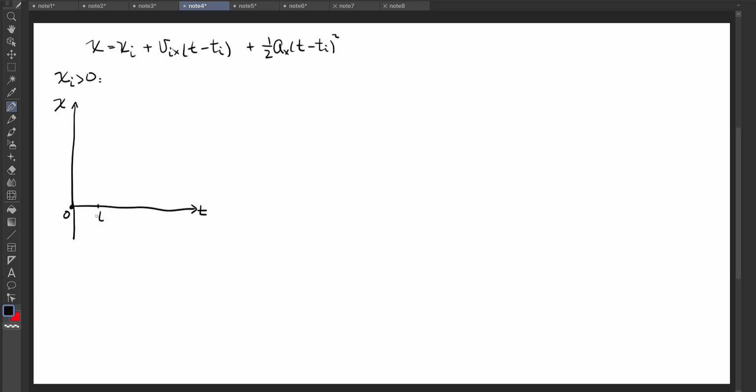And here is the initial time, ti. Okay, so first when I plug in t equals ti, then the second term and third term both disappear, and we only have x equals xi, and that's exactly what we mean by initial position, right? Because that's the starting point at ti for the drawing.